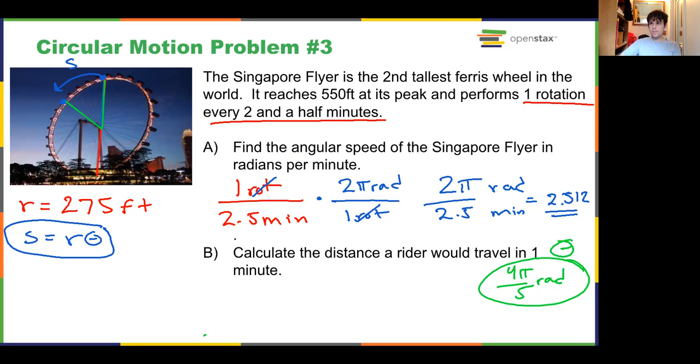So now it just becomes a matter of using my formula to calculate. So the distance that I'm going to travel, the arc length that a person will travel, equals the radius of 275 feet times 4 pi over 5. And again, we'll just do a quick estimation of 3.14.